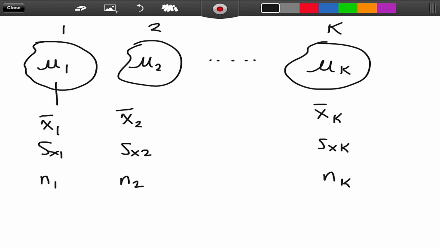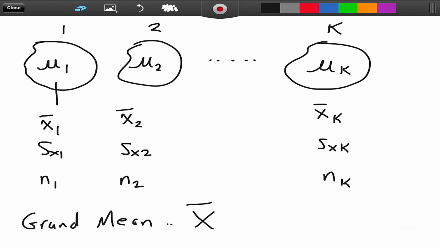Now, something that is going to be an issue is something called the grand mean. And guys, the grand mean is just a capital X bar. Well, let me back up here.